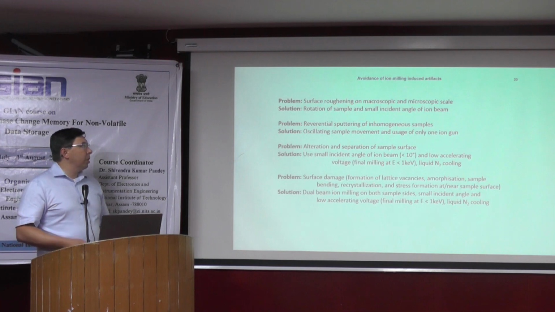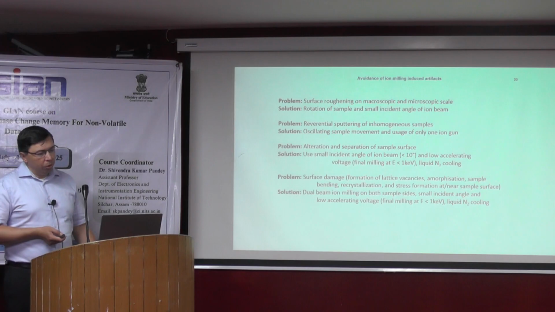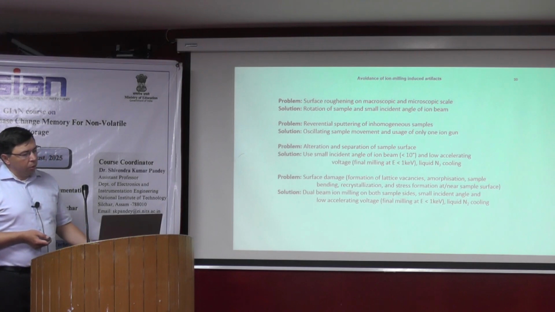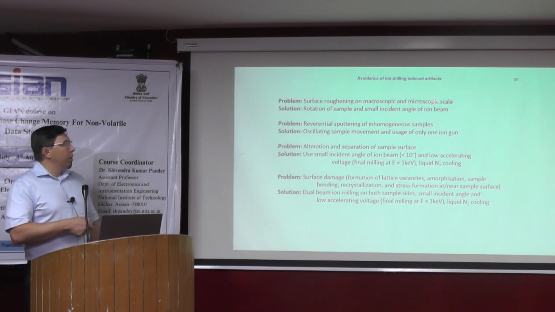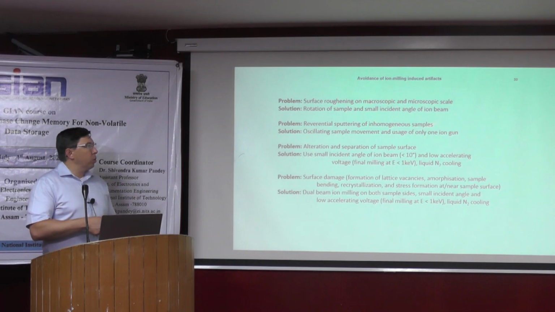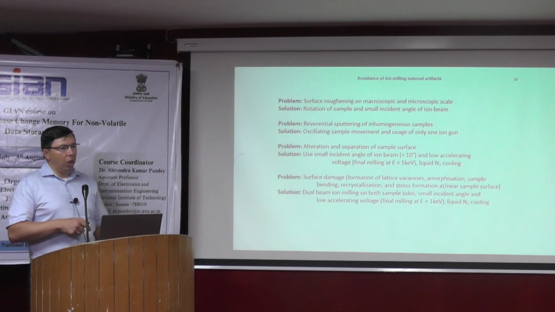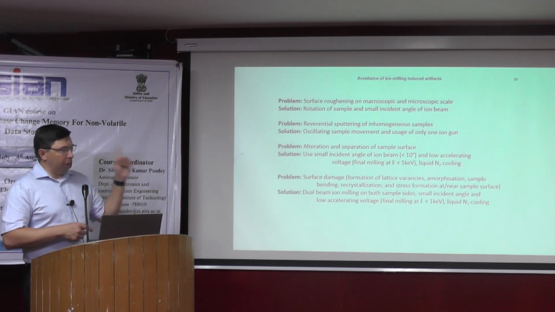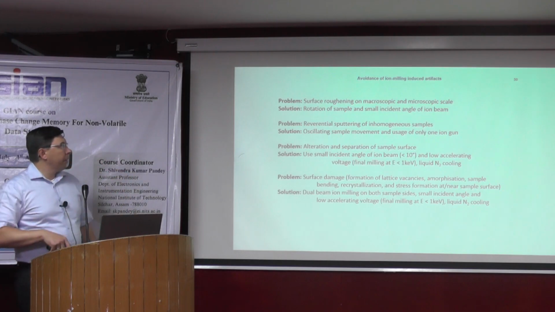So now, if you have such problems, you can of course deal with them. You will try to find a solution. If you have surface roughening on a microscopic scale, how to overcome this: you just use rotation of the sample and a small incident angle of the ion beam. So you should rotate your sample, or you can rotate your beam, or you can use the small angle.